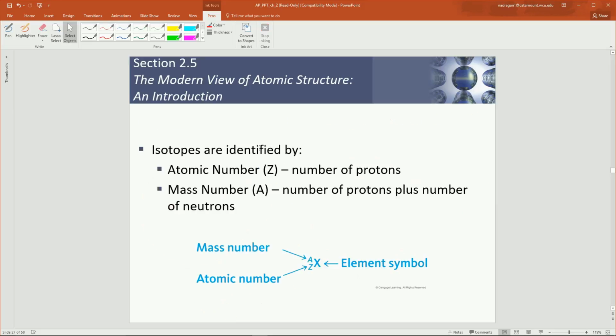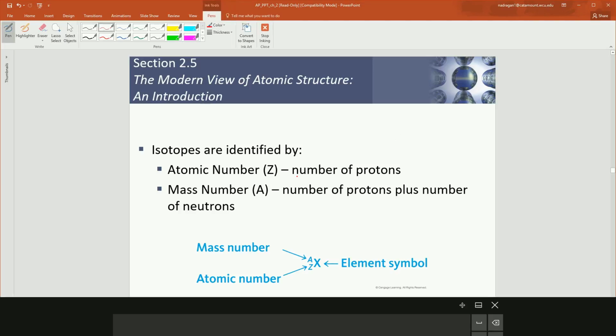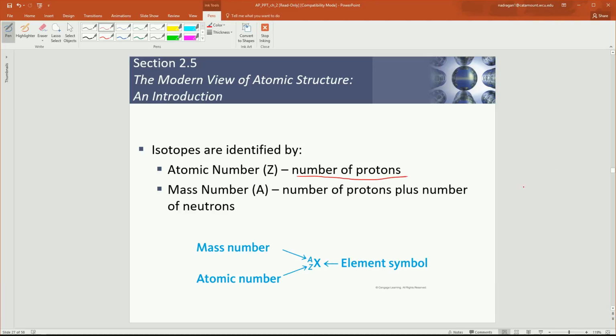Okay, so the isotopes are identified by the atomic number, which is what I just talked about on the other page, which is equal to the number of protons. So that's where that math comes in. The mass number is the number of protons plus the number of neutrons. It's always written like this: mass number, atomic number, and then the symbol for the element.